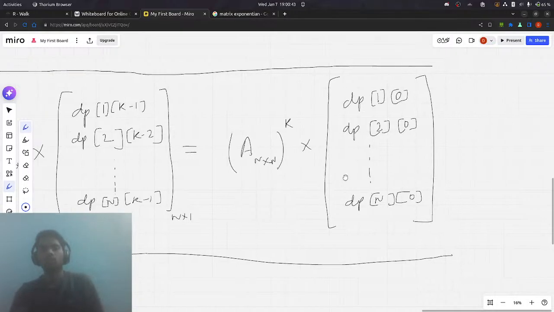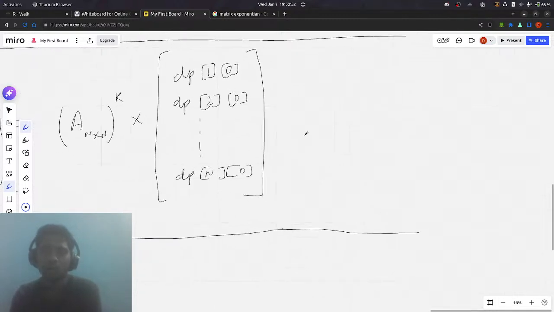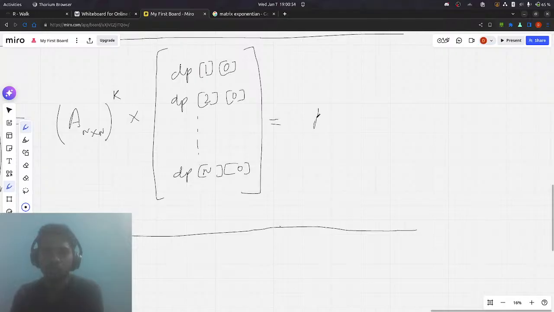So essentially what we are doing is calculating the given matrix to the power k.